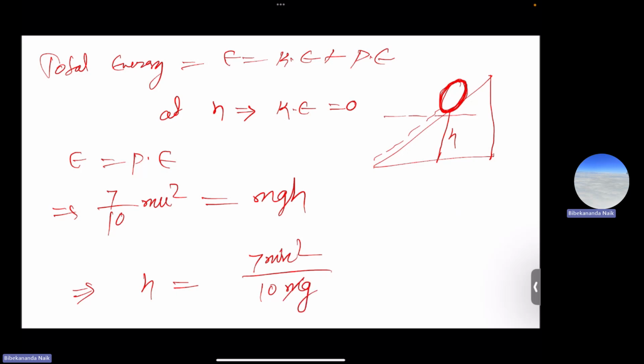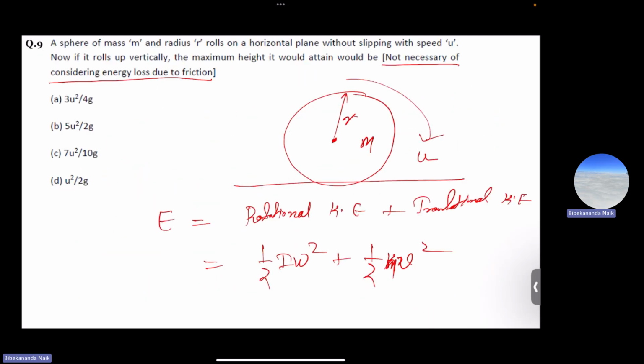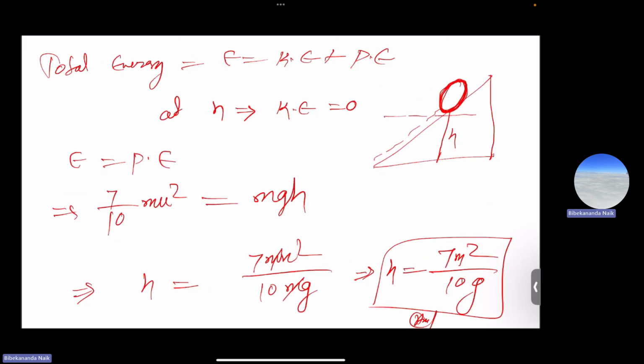So m gets cancelled out. h will be 7 u square divided by 10 g. Sorry, this is not m square, this is u square.